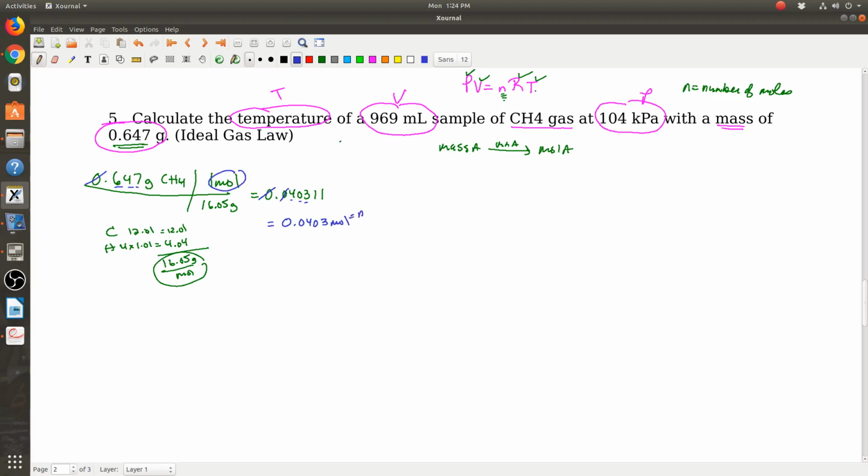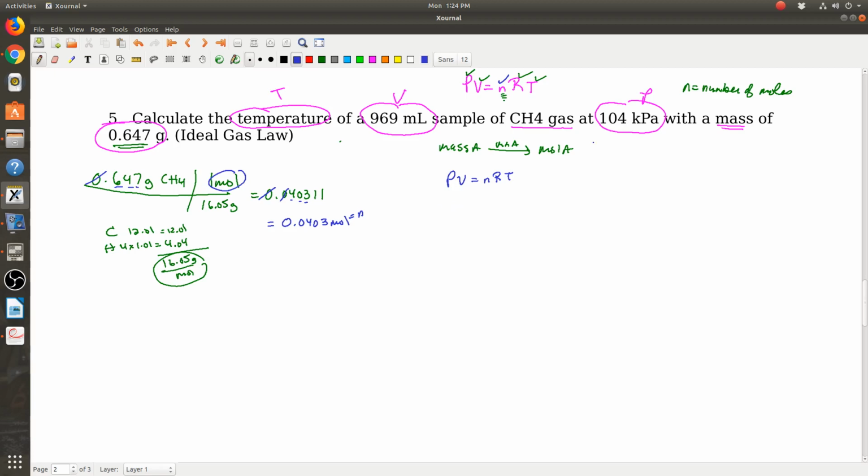Now that's my n. So now I have my n. So I have all the things I need for PV equals nRT. Now this question I'm going to tell you is going to be a little more involved than the ones I'll put on the test. But it'd be a good one to make sure you understand, or maybe to write in on your 4x6 card, because it demonstrates a lot of different things.